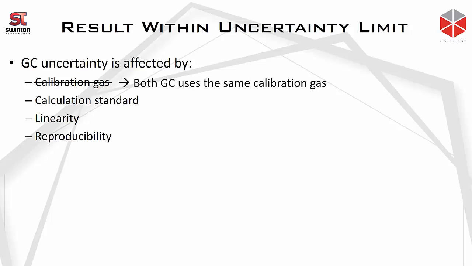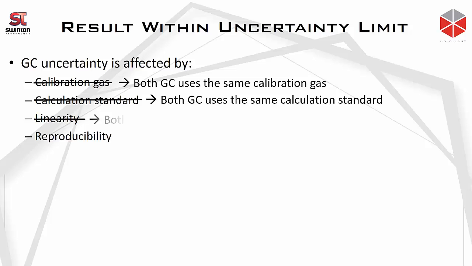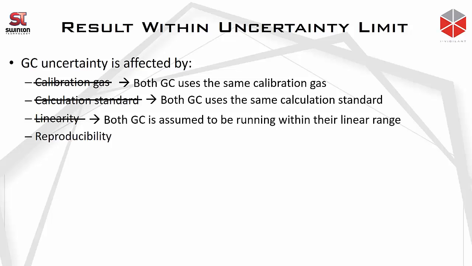So when 2 GCs measure the same gas and the calibration gas used to calibrate these 2 GCs is the same, then we can strike off the uncertainty from the calibration gas, because both of the GCs will have similar uncertainty. And then we can also remove the calculation standard uncertainty, because both of the GCs use the same calculation standard, and then we can assume that the GCs will be running in their linear range.